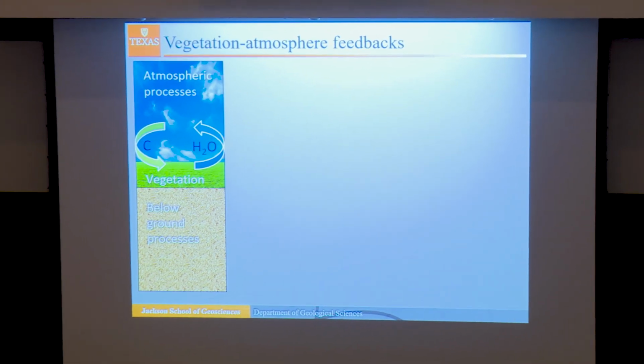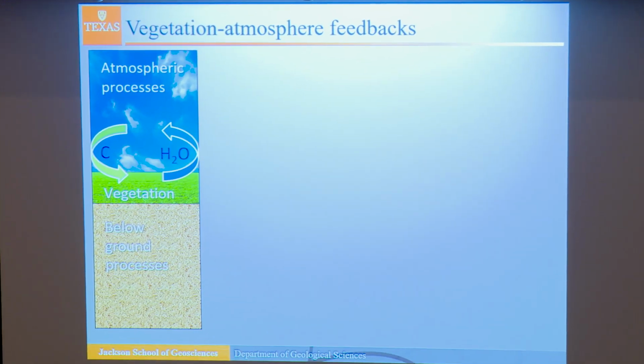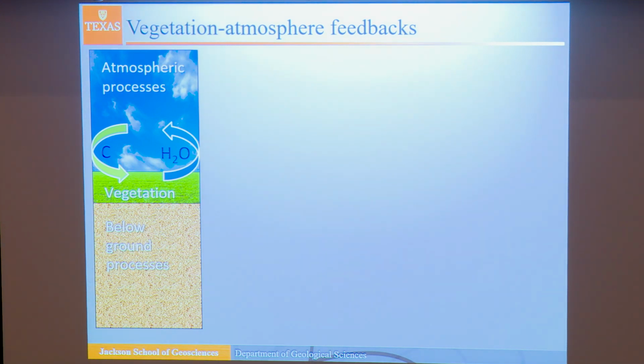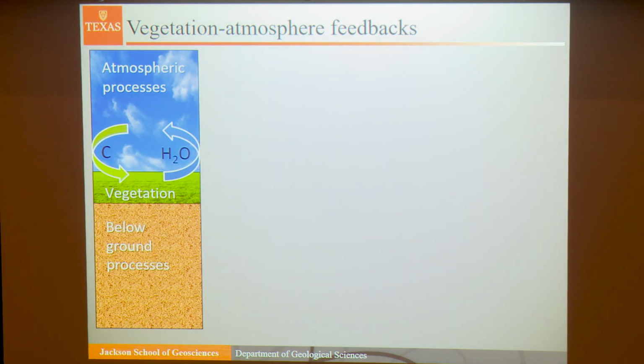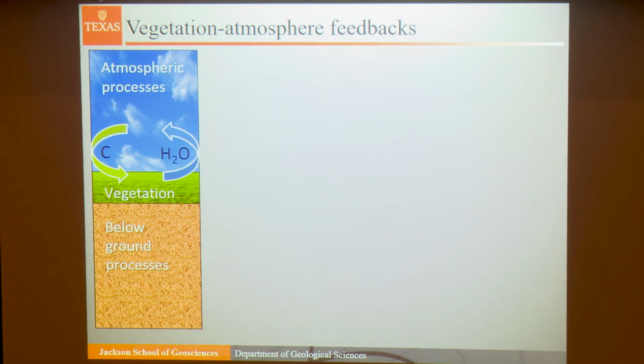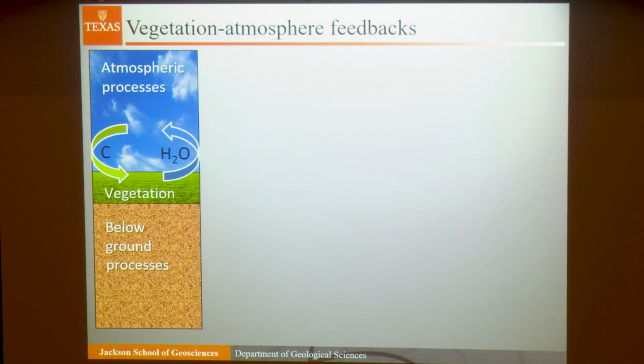But they also play the role of coupling below ground systems with above ground systems, transporting water back up into the atmosphere from the subsurface and occasionally the very deep subsurface, and their role in nutrient cycles. And then of course they're responsible for re-wetting the boundary layer, which leads to cloud formation and precipitation. And it just continues to play such an important role in so many different cycles. It's incredibly important that we understand it.